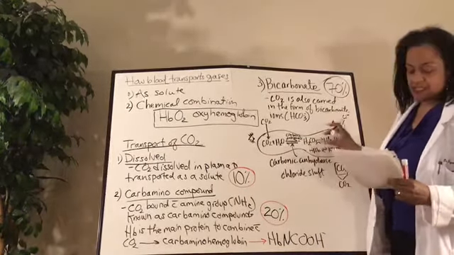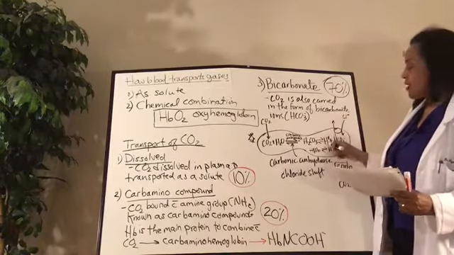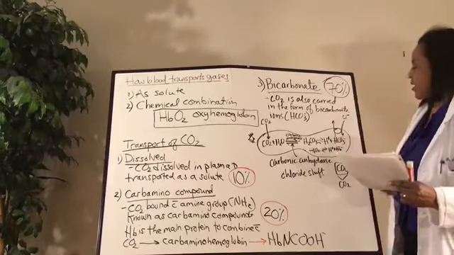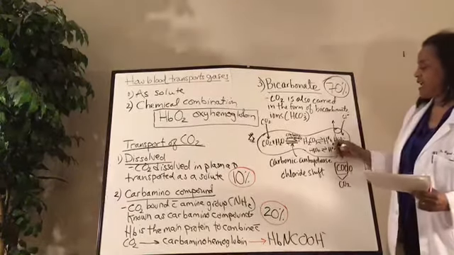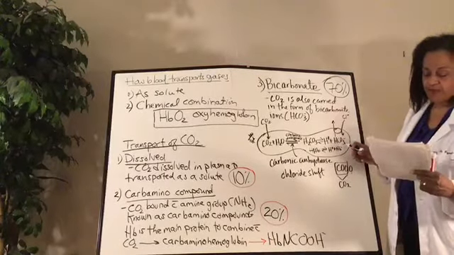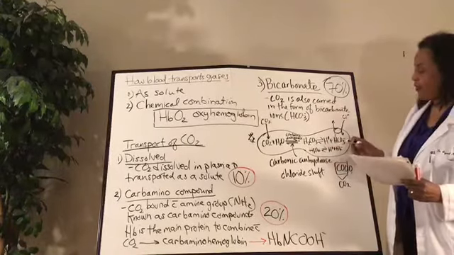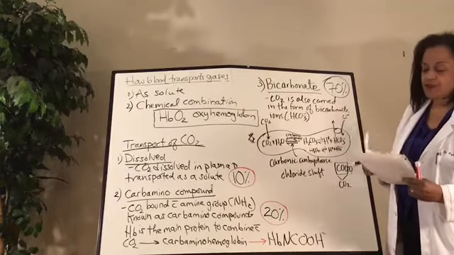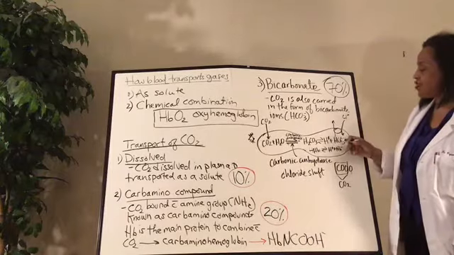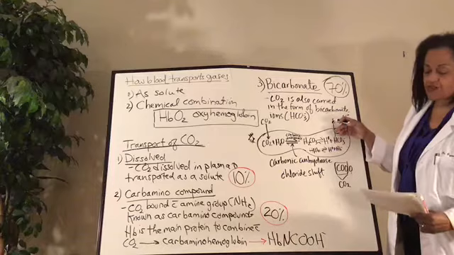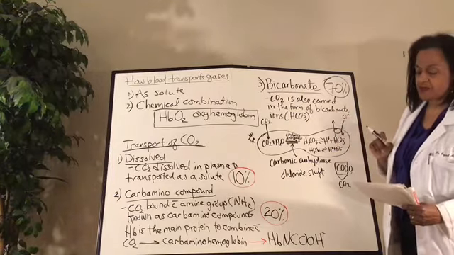Carbonic acid then dissociates to form hydrogen ion and bicarb. The hydrogen ion combines with hemoglobin while the bicarb diffuses down its concentration gradient, going from a higher concentration to a lower concentration into the plasma.